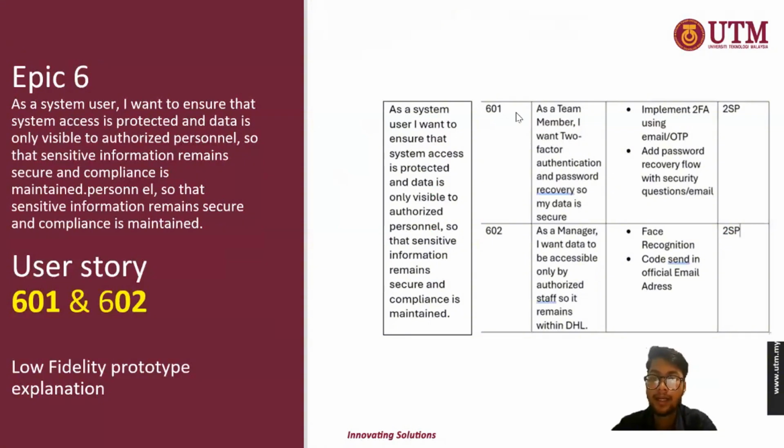I also tried my best to make it easier for the team members to log in, and also if they forget their password, and I also tried to strengthen the security. So basically here is the summary.